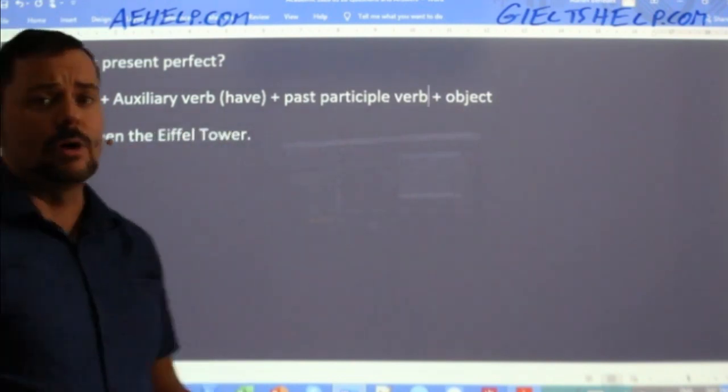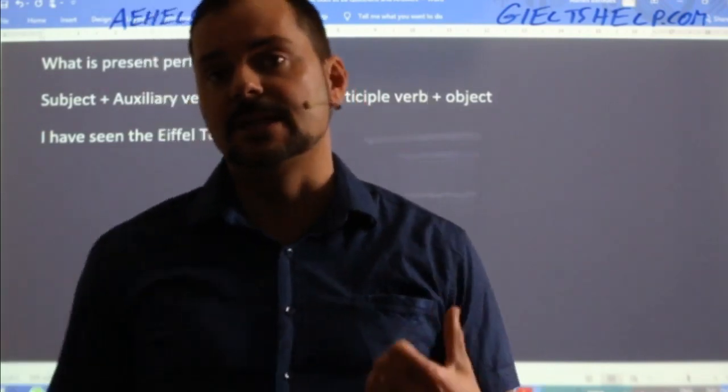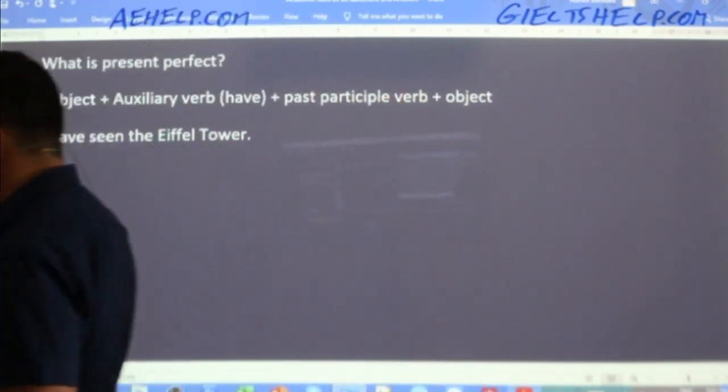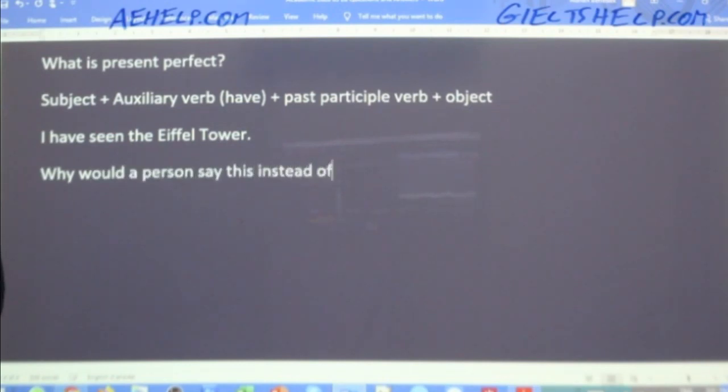But the better question is why? So why am I saying this instead of saying I saw the Eiffel Tower? Okay, so the question that you should be asking when you're learning grammar is always the why question. And again, this is just one example, but it's true for all grammar. So why would a person say this or write this instead of just I saw the Eiffel Tower?